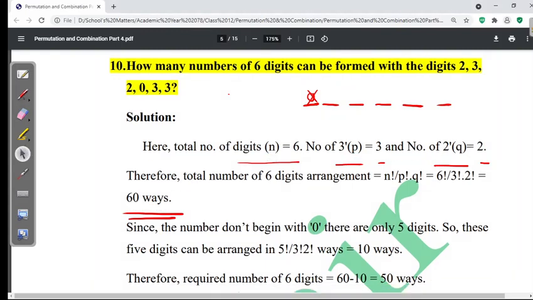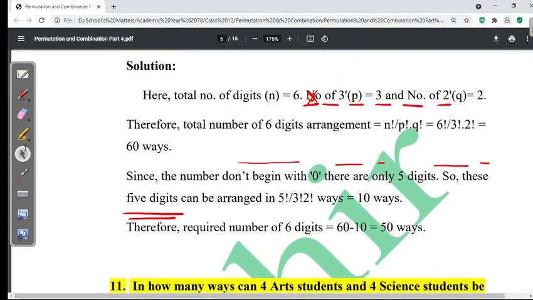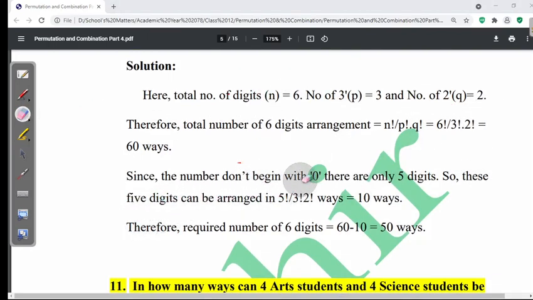But dear students, our condition is, since the number doesn't begin with 0, there are only 5 digits. Here the first digit cannot start from 0. At 5 digits, so these 5 digits can be arranged in 5 factorial by 3 and 2 repeated in the same ways. It is 10 ways.